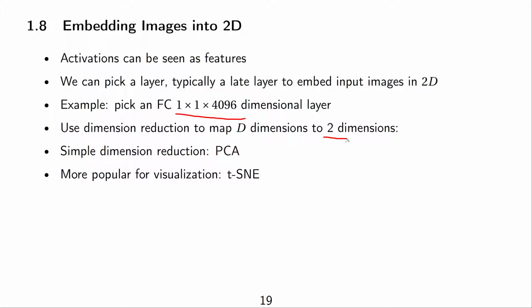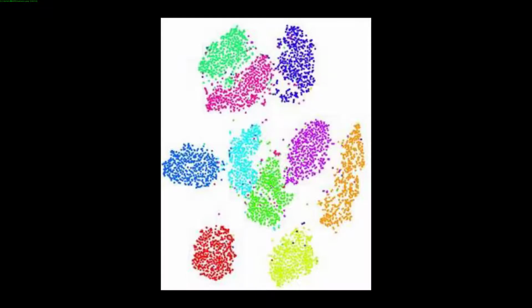Something you might have heard about, or should have heard about if you took a machine learning or linear algebra class, is PCA, but there are more complicated versions. One popular, at least for a long time the most popular, algorithm was t-SNE. We're not going to go into details of these algorithms, but just show some results.